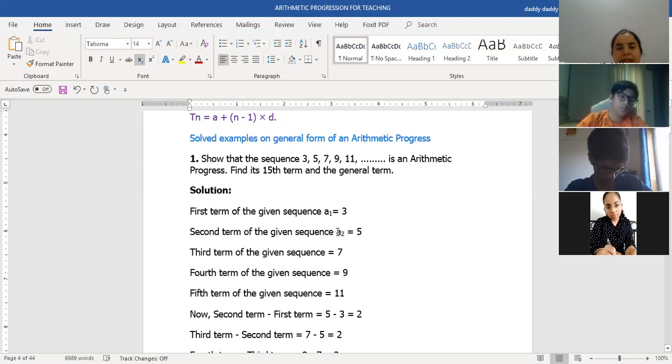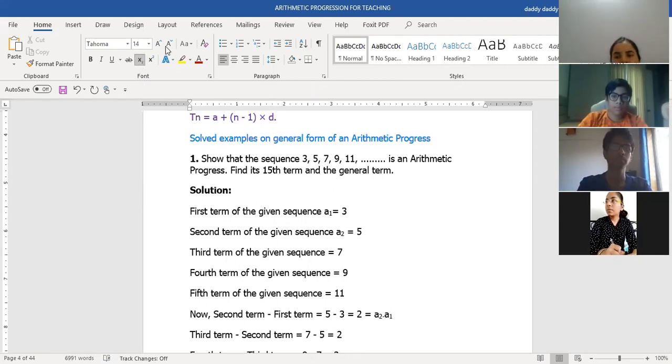So I have taken the second term and first term over here. Look over here, 5 minus 3. 5 minus 3 is nothing but A2 minus A1. Isn't it? So A2 minus A1 is 2.